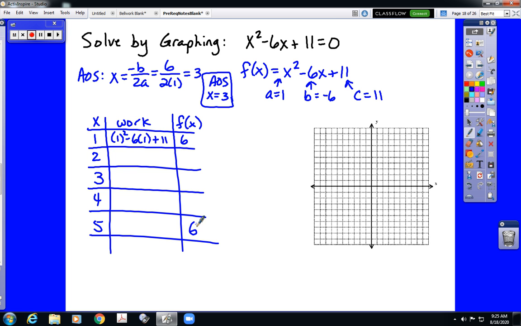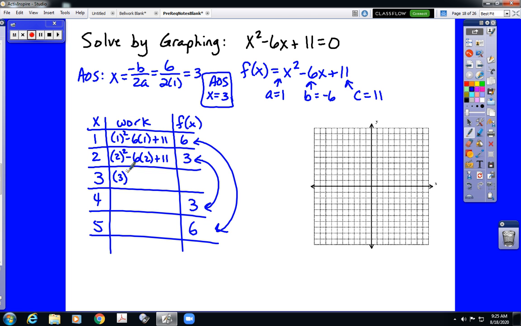Remember that with symmetry, if that's 6, so is the bottom. Plug in 2. 2 squared minus 6 times 2 plus 11. That would be 4. Minus 12 is negative 8, plus 11 is positive 3. Again, symmetry says that if 2 is paired with 3, so is the second to bottom row 4.